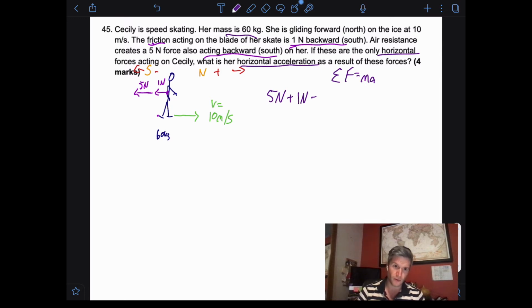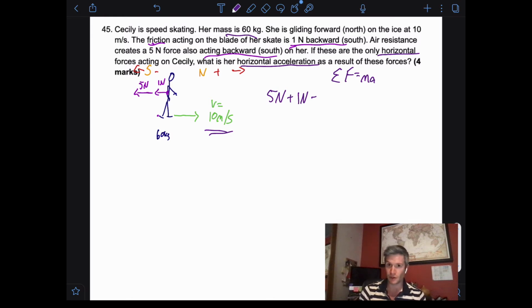Before you're ready to throw the 10 meters per second in there, that's not a force, right? We can have a velocity that's non-changing, and if the velocity isn't changing, essentially we have no acceleration, in the sense that there are no changes occurring to the system.